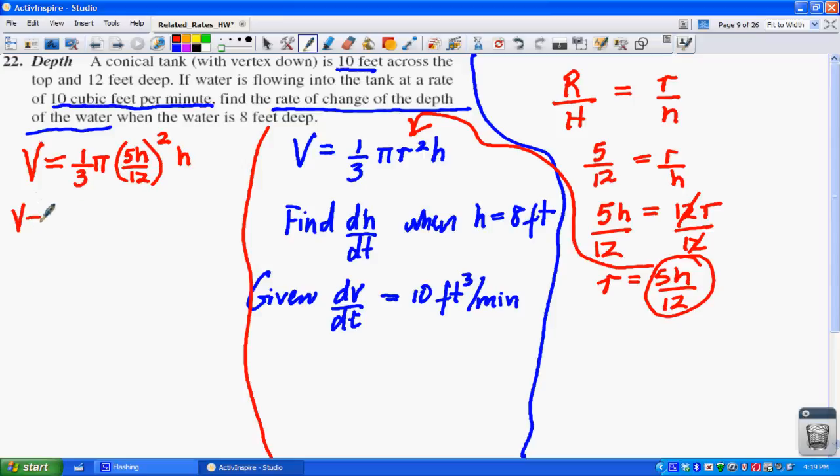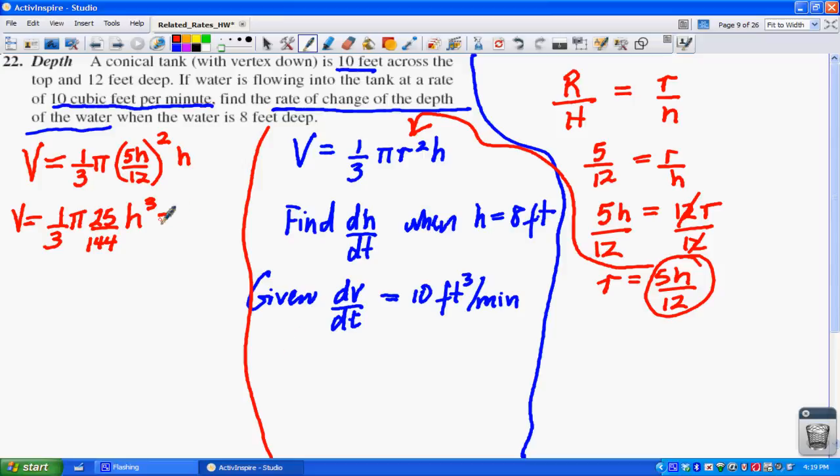If you look at the solution manual, you should see where they're at right now. When you square the top, you get 25, and when you square the bottom, you get over 144. When you square H, you get H squared, and then H squared times this extra H gives you H to the third power. So that's where they got that, and then they cleaned it up a little bit more.